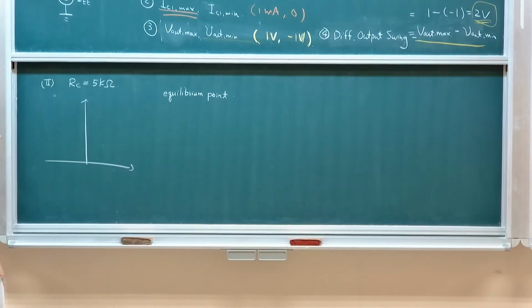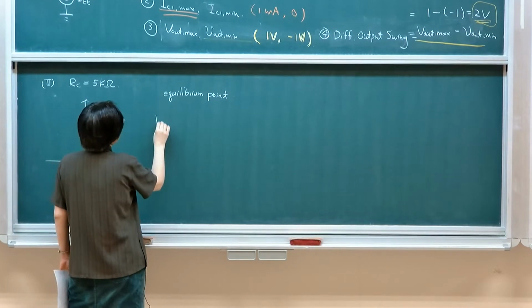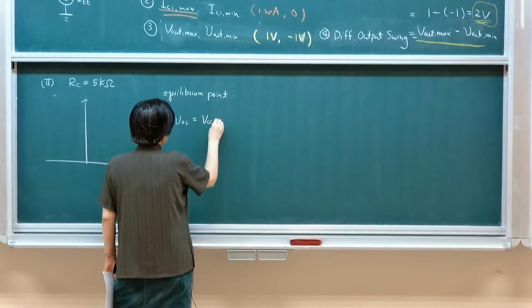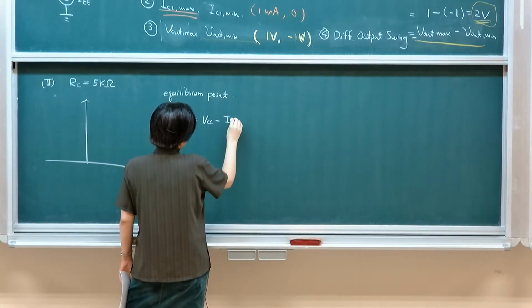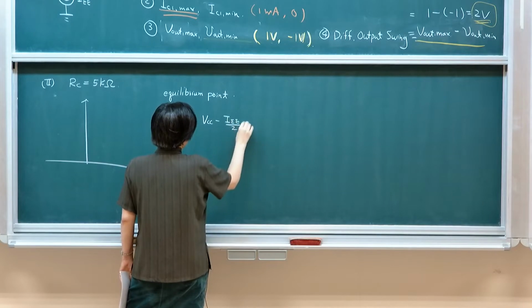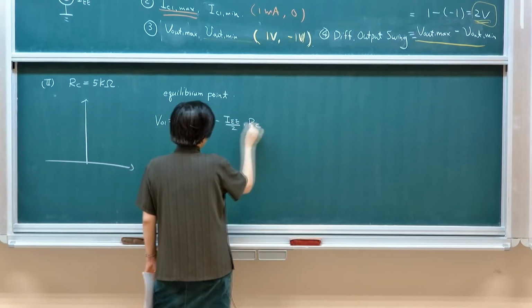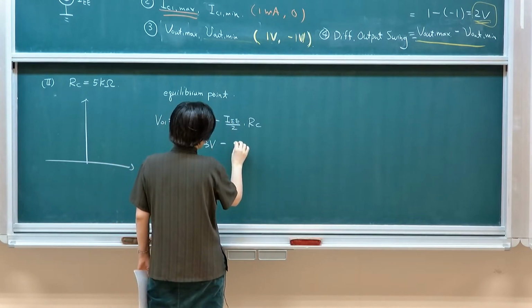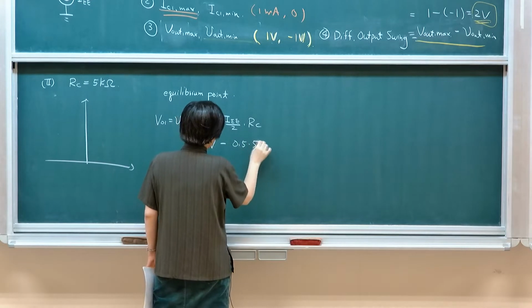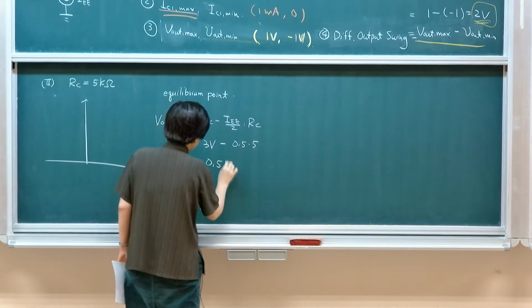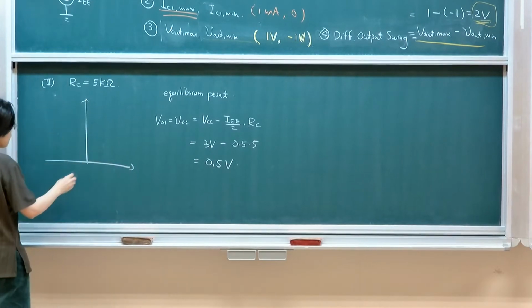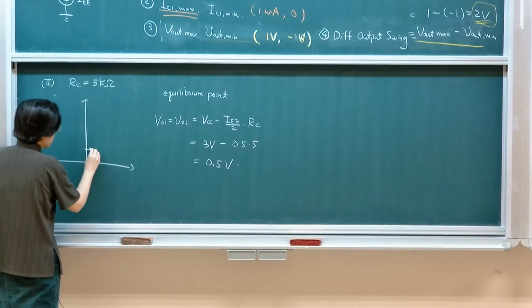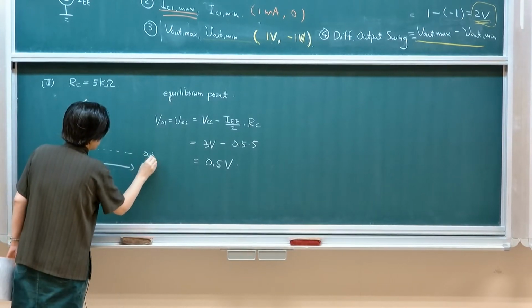If this is the case, the equilibrium point will be VO1 equals VO2, which will be VCC minus IEE half times RC. So this will be 3 volt minus 0.5 times 5. So it will give you a very low voltage. So what does this imply? This implies that your starting point, your equilibrium point, will be 0.5.